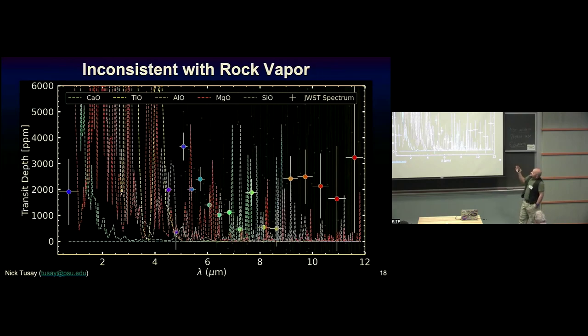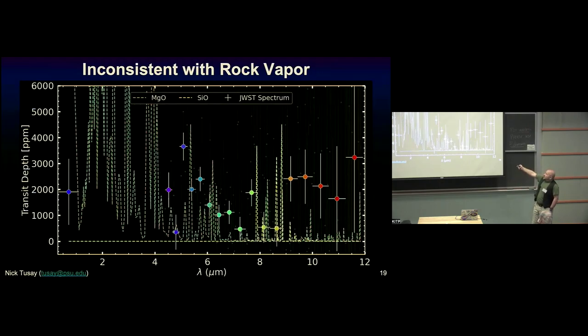We turned to the DACE database and we looked at obvious rock vapor stuff. To make a long story short, MgO and SiO should be pretty obvious in this case. However, the opacity features don't seem to line up with our data. More info on that in the question and answer section, I'm sure.